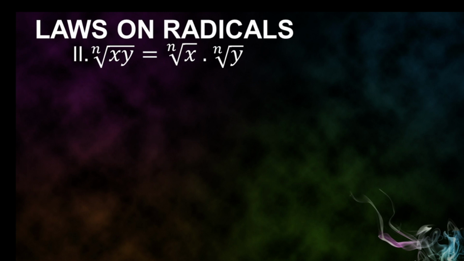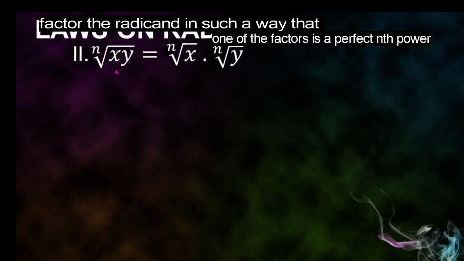The second law of radicals is the nth root of xy is equal to the nth root of x times the nth root of y. In this case, we can factor out the radicand in order to simplify the radical expression.